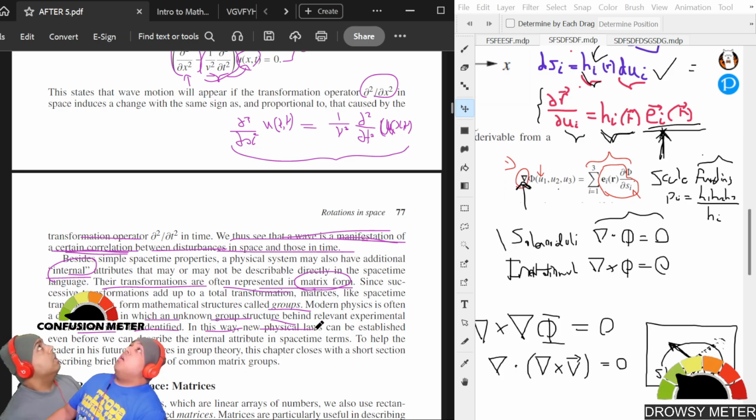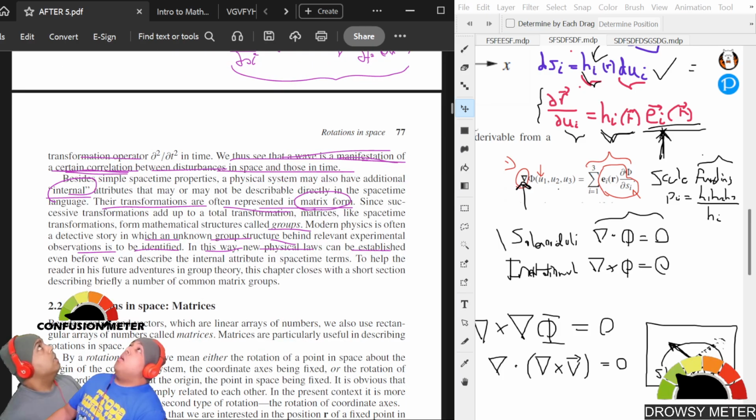In this way, new physical laws can be established even before we can describe what's actually going on in space-time terms. To help the reader in group theory, this chapter closes with a short section describing a number of common matrix groups. Okay. I roughly understand.